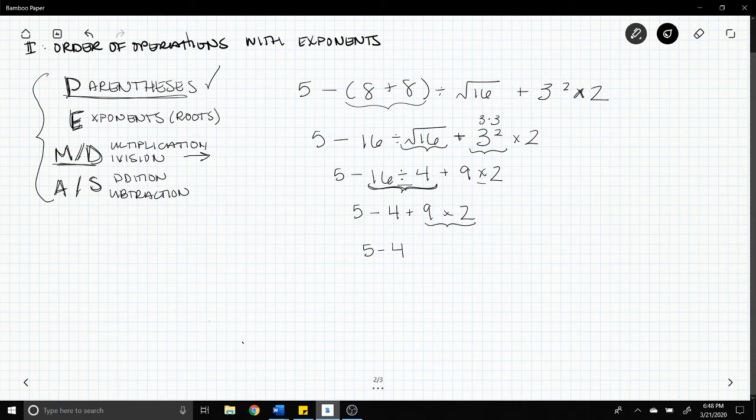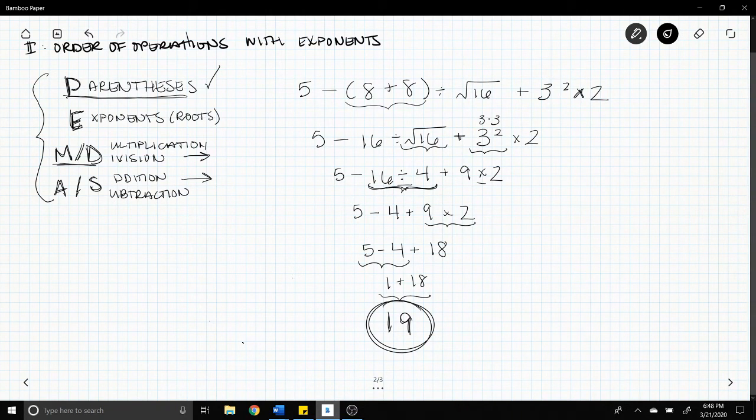So rewrite these. We're not skipping around. We're still going in order. 9 times 2. And then addition and subtraction from left to right. So first, we're going to do 5 minus 4 because we see that first. And then finally, our last addition, and we get 19, all right?